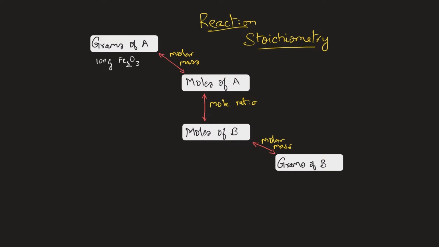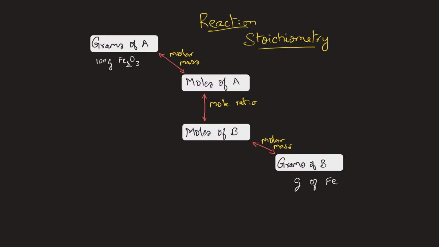Now notice how what we're trying to find is how many grams of B, which is Fe. Notice that there is no direct connection between these two boxes. So in order to convert grams of iron oxide to grams of iron, you must follow this track.